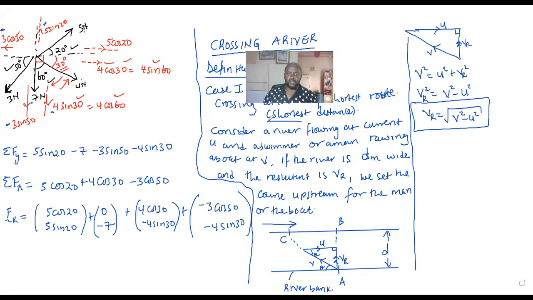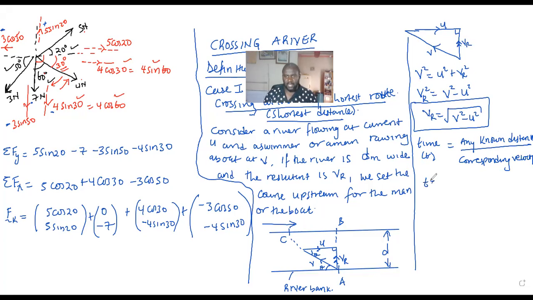In this instance also, we can be asked to find the time for crossing. Time T for the crossing is got from any known distance over the corresponding velocity.